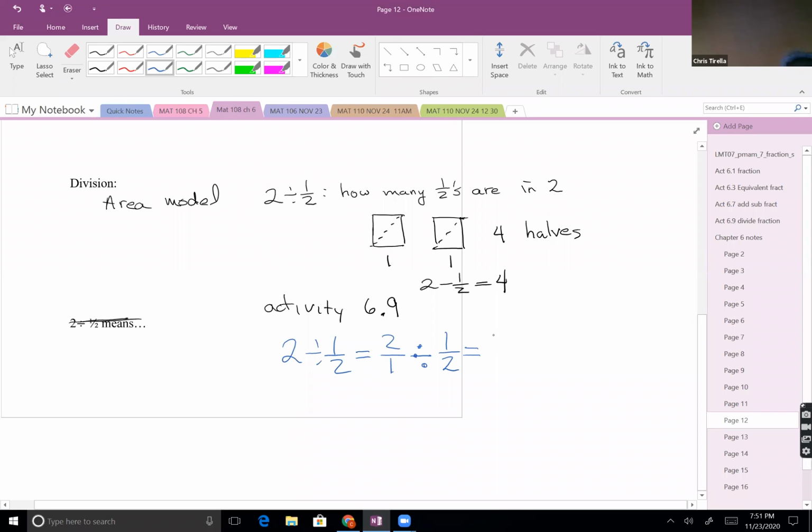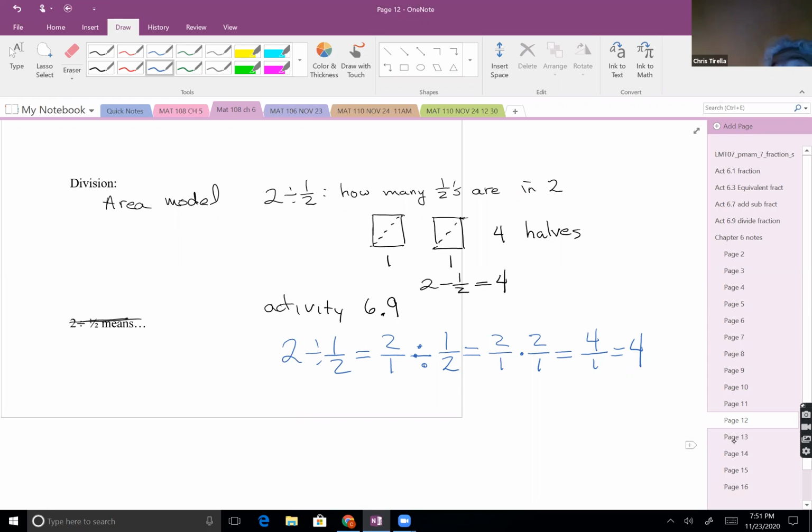And to divide by a fraction, we'll multiply by its reciprocal, which would have taken me to that 4, without pulling out all the squares and trying to see how many halves I have in 2 wholes.